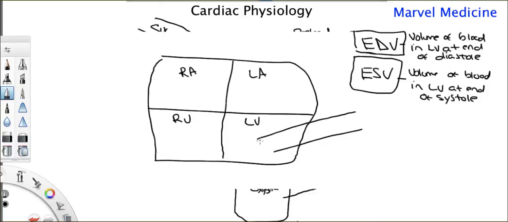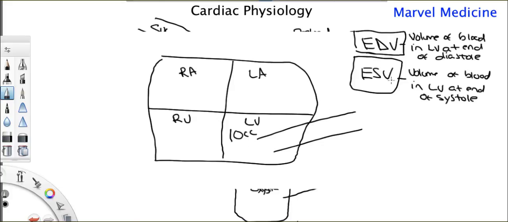So let's say for theoretical purposes, if I had an end-diastolic volume of 10 cc's, okay, of blood in my left ventricle, do you think all 10 cc's would leave the left ventricle and 0 would be left over? No. The real heart, the way the real cardiac physiology works is that if I had 10 cc's in the left ventricle, some would be left over, okay? You don't have to know how much exactly, but you should just know that some is always left over, okay?